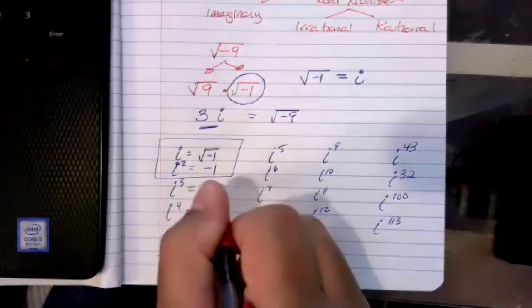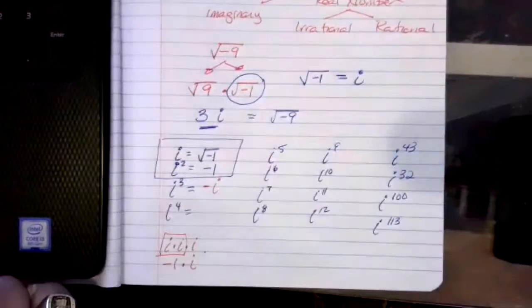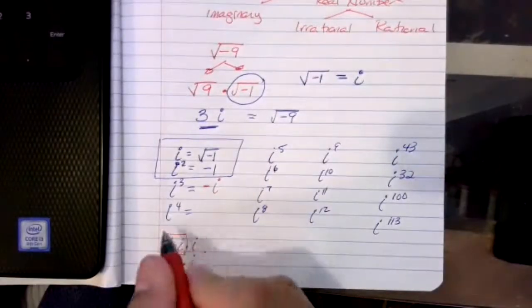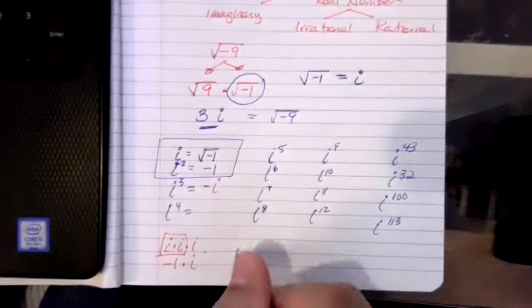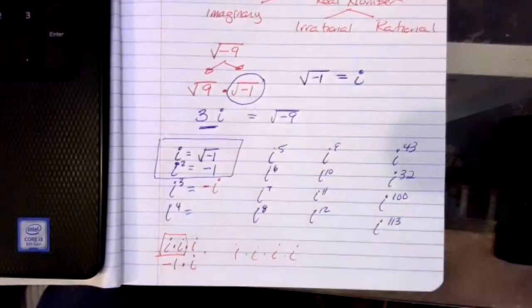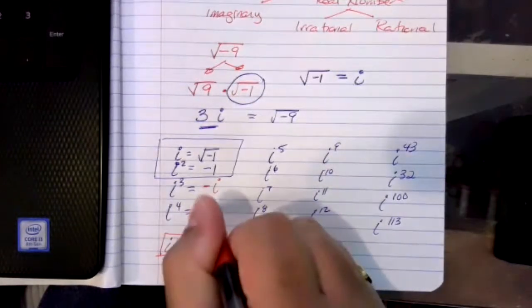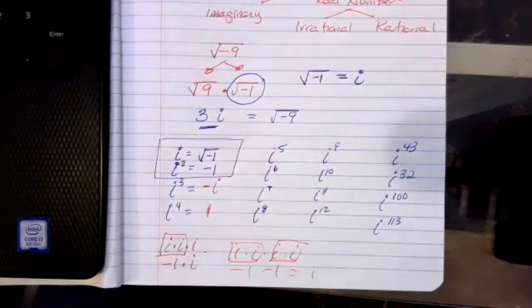That would make this negative i. i to the fourth would be i times i times i times i. Well, I know i squared is negative 1, so I have negative 1 times negative 1, which would be positive 1. So i to the fourth would be positive 1.